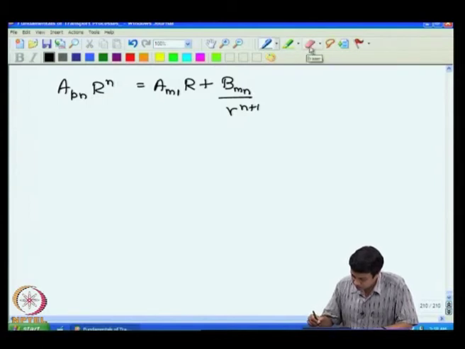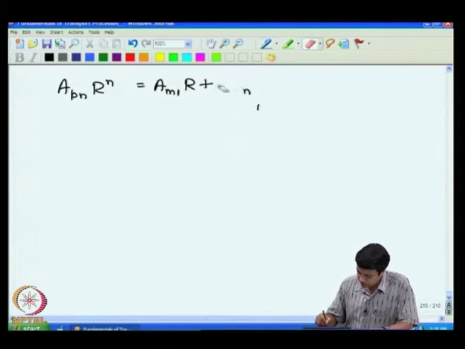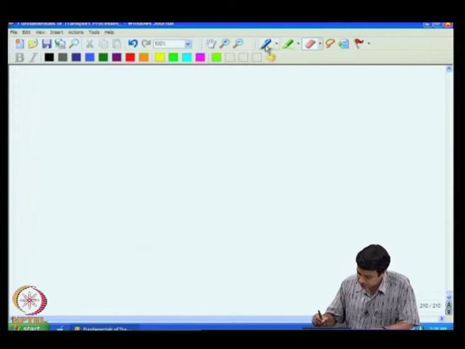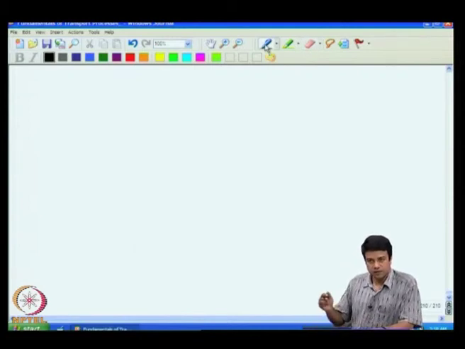This coefficient is non-zero only for n equal to 1, so let us just write out the coefficients separately for n equal to 1 and for all other values.